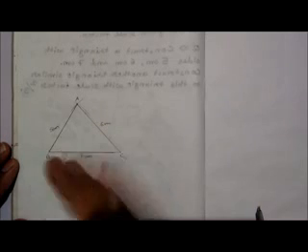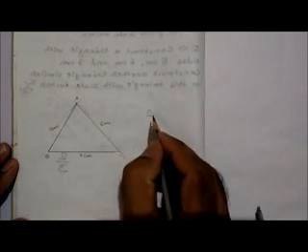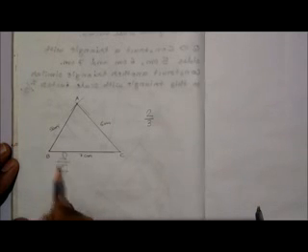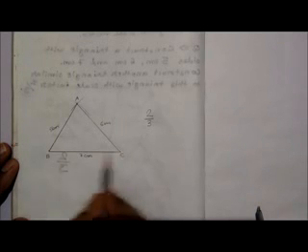Now we have to draw one more triangle which is similar to this, and the scale factor given is 2/3. So by taking B as a starting point, draw a ray which forms an acute angle with BC, as in construction 11.1.